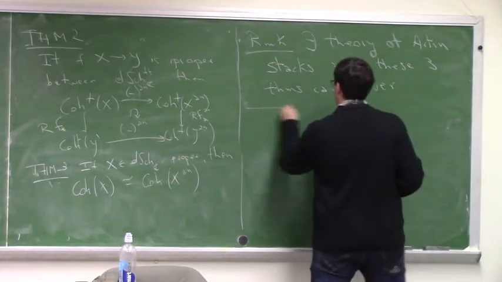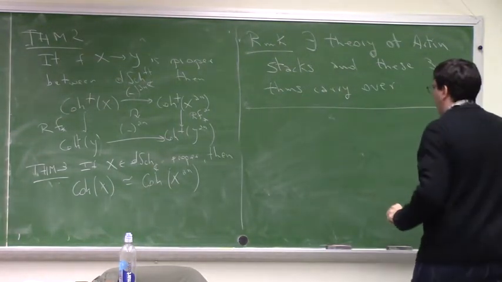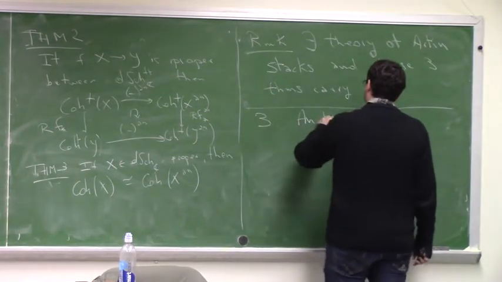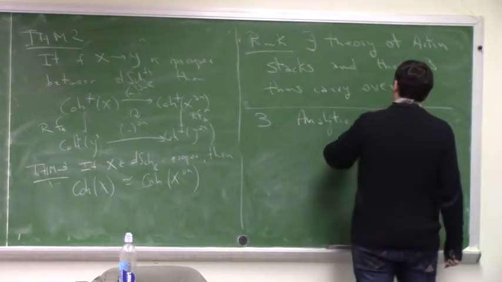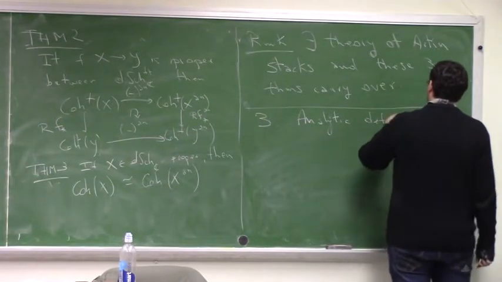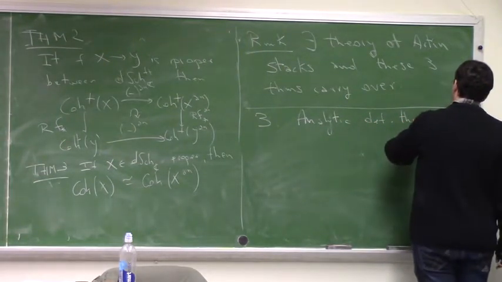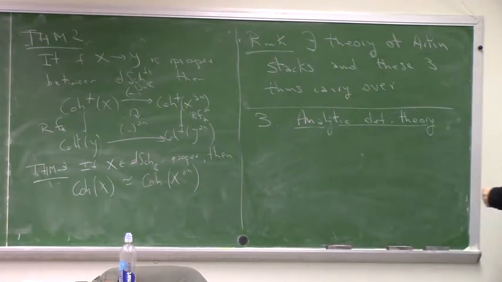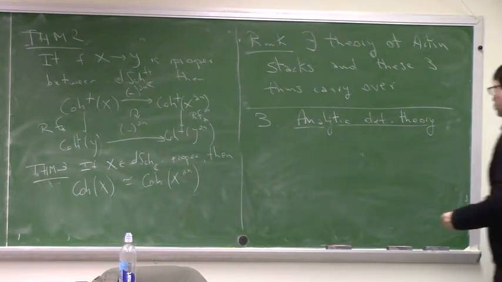Then let me go quickly to the final part, which is analytic deformation theory. So the most basic problem in analytic deformation theory, to start the theory, is to define a split square zero extension.